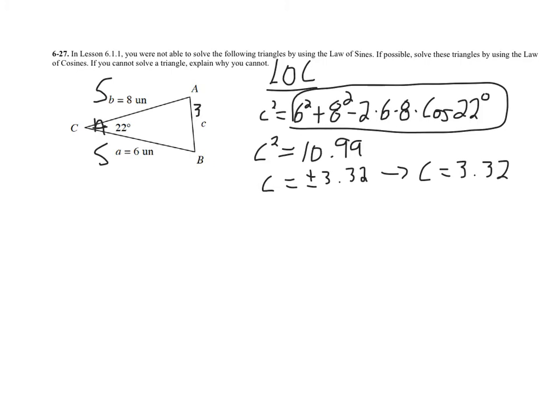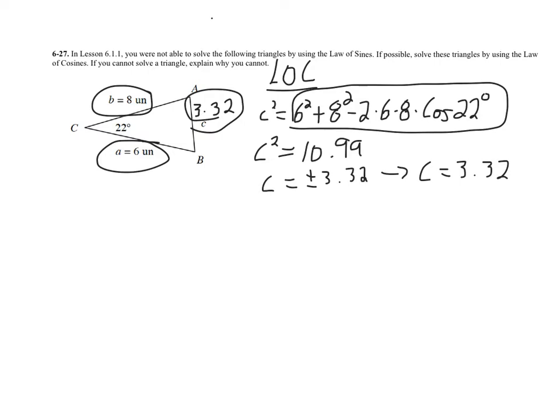So that gives side C a value of 3.32. Now, what I can do is find the other angles. Preferably, I could use law of sines to find the other angles, or I could use law of cosines to do that too, because I now have three sides, and so I could plug those three sides into my law of cosines formula and find an angle opposite one of them.